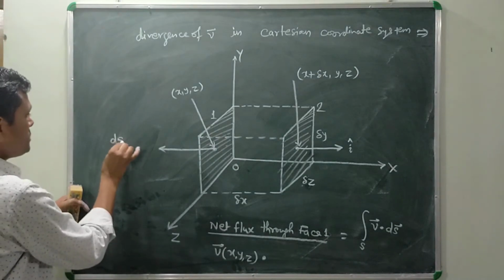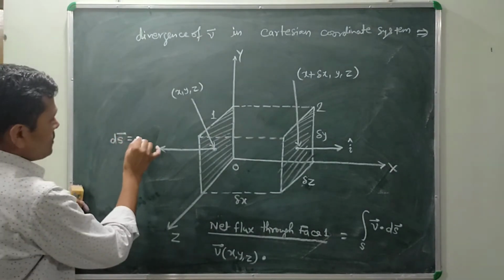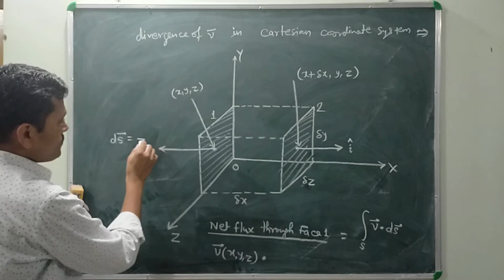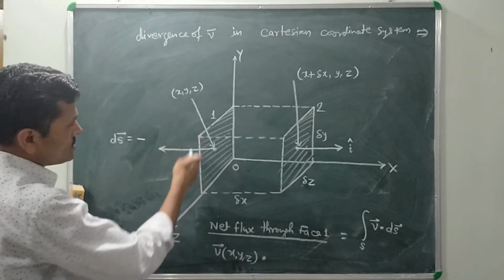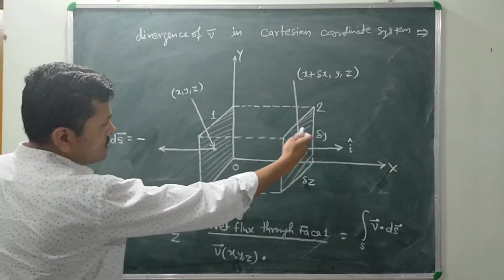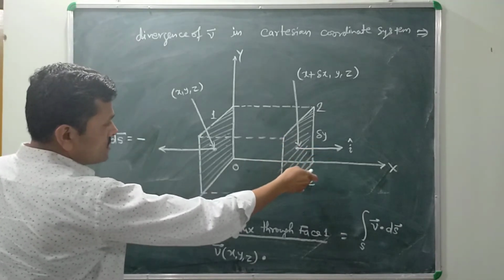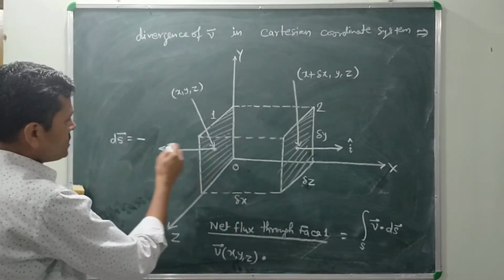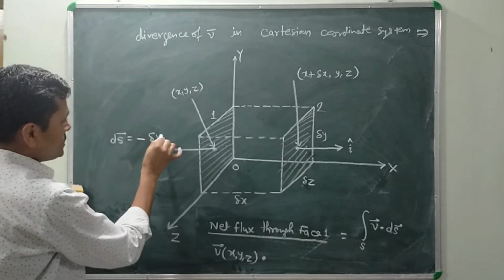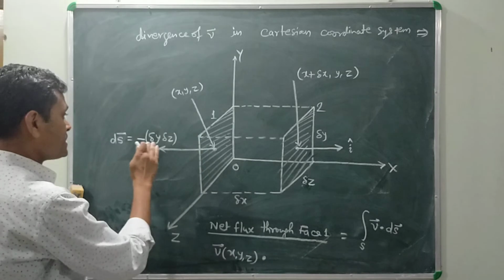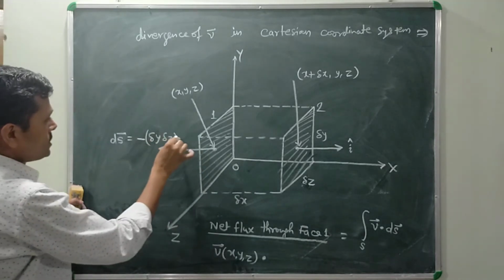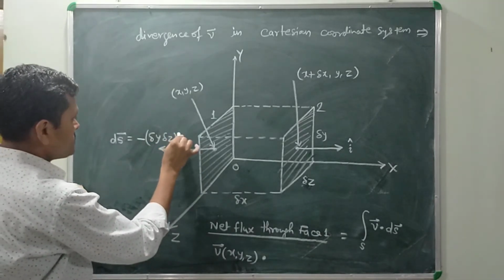Ds vector will be minus of this side is delta z, this is delta y, this area is delta y delta z, and this is the equal area, so it will be delta y into delta z into minus i cap. That's why I am putting here minus.